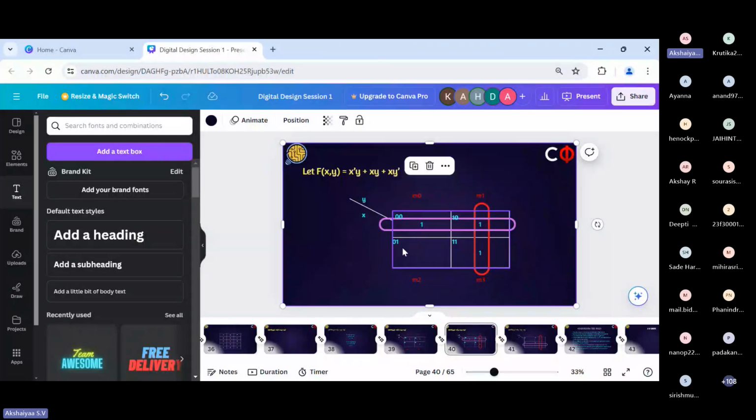So here the y term is not changing and it is 0. So I'll represent that as y prime. And here in this thing, the first term is not changing and the second term is changing. So the x term is remaining the same. So what do you think this function is? I'll go back to this slide and make the change. So this is actually x plus y prime.